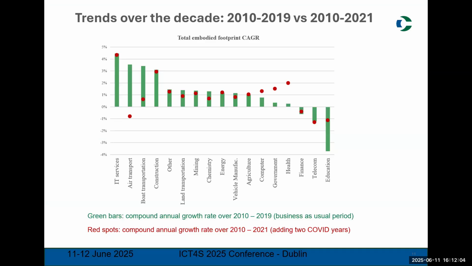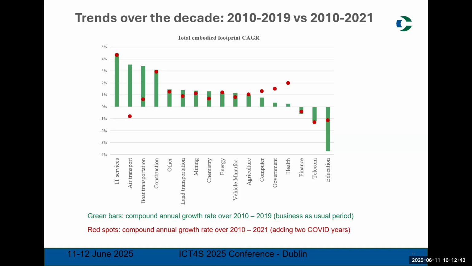So we see that several sectors' footprints were not impacted much by COVID, for instance IT services, construction, or the energy sector. On the contrary, and as expected, some impacted sectors' footprints have decreased. It's the case for vehicle manufacturing, chemistry, and land transportation, and to a large extent air and boat transportation, again as expected. Some sectors, on the contrary, boosted their footprint during COVID: education, health, and government services.